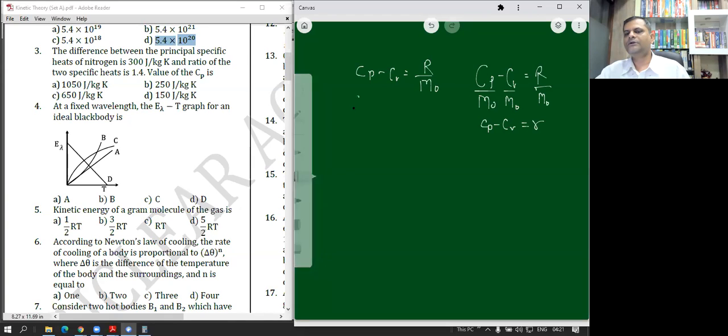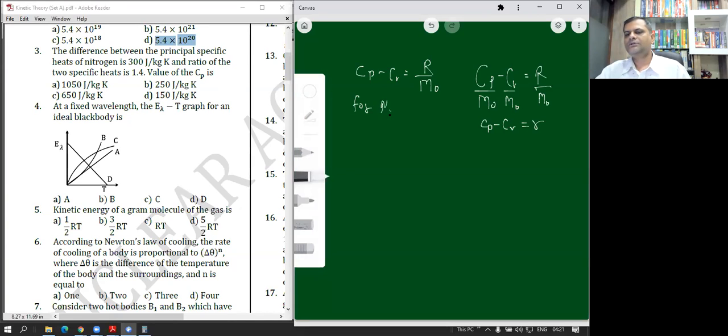Okay, so for nitrogen के लिए क्या होता है? मोलर मास जो है उसका 28 हुआ करता है. So इससे हमको ये पता चलेगा कि small Cp minus small Cv can be written to be equal to R by 28. Okay, but since the difference in principal specific heat is given to be 300 joule per kilogram Kelvin here. अच्छा, बट यहाँ पे किलोग्राम है ना, तो यहाँ पे इसको हमको 28 को भी किलोग्राम में कन्वर्ट करके लेना पड़ेगा.